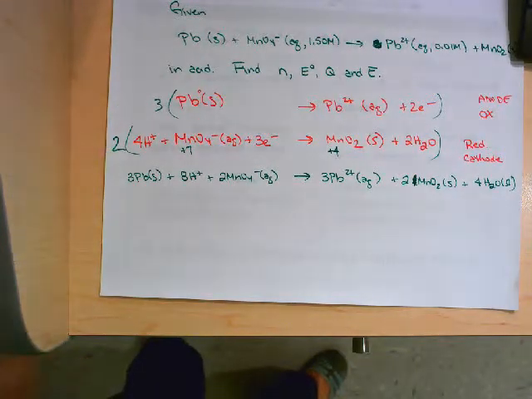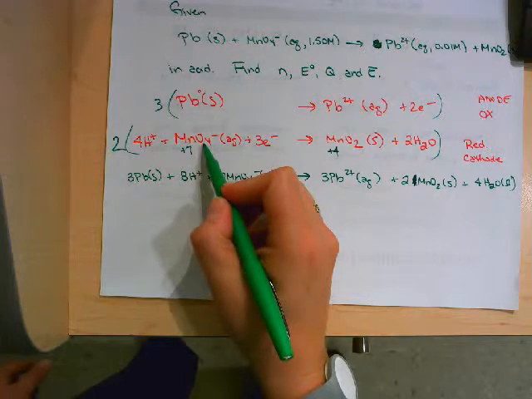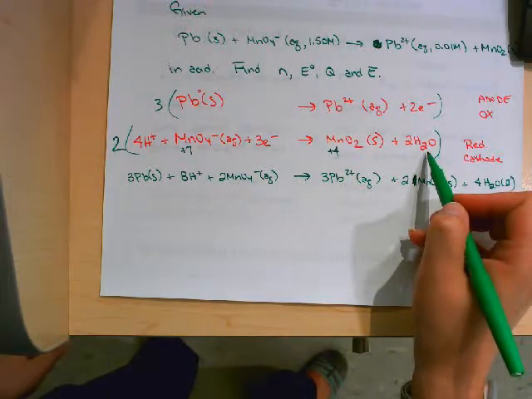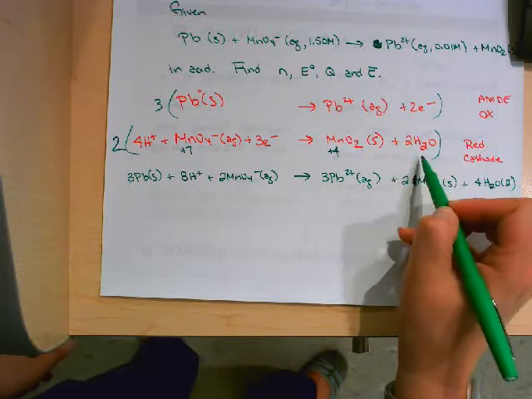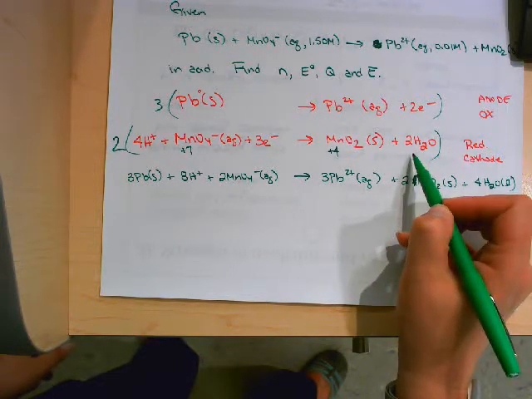Alright, now, question first one. So I had 4 oxygens and only 2 over here. So I add 2 waters. Now all the oxygens are balanced, but by adding 2 waters, I now have 4 H's. Right. There's 2 in 1 water, not 2 waters.